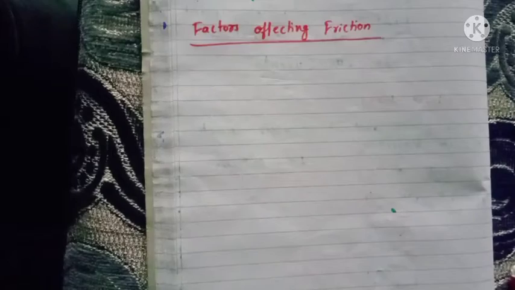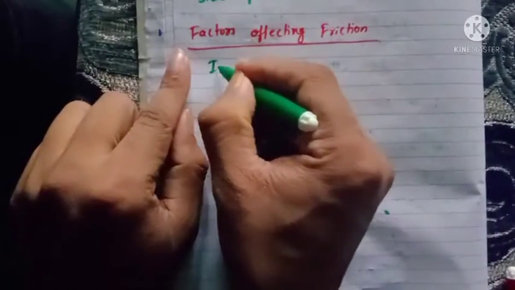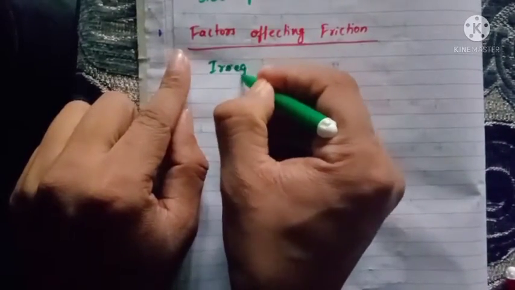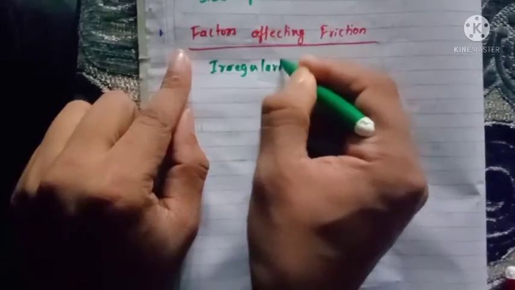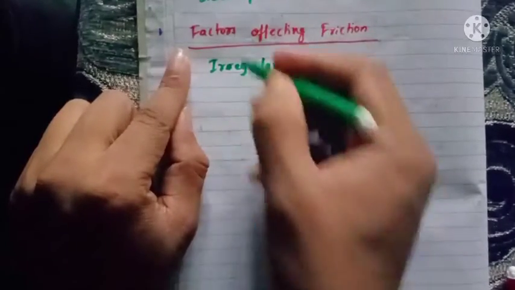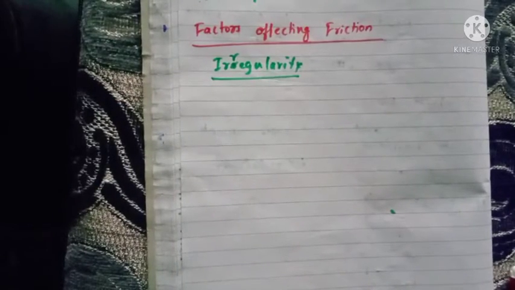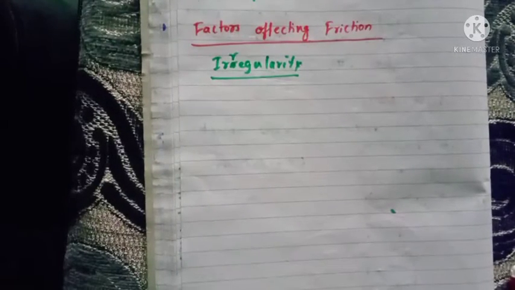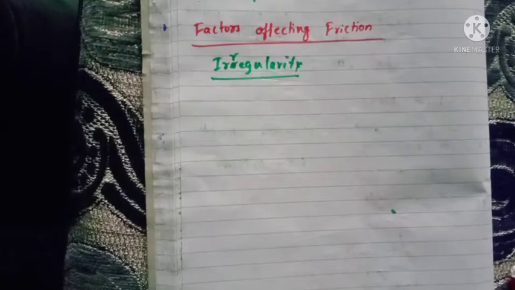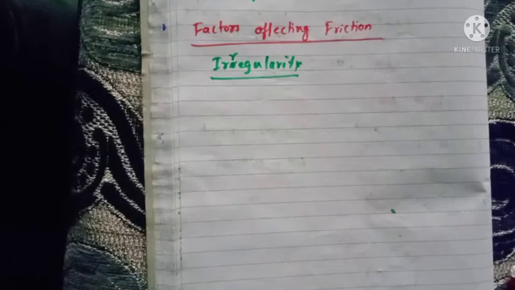So that factor is called irregularity. Irregularity is a factor on which the friction purely depends. In this there are two points we have to focus on.